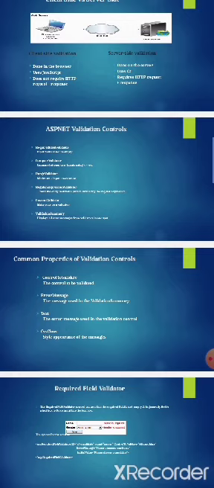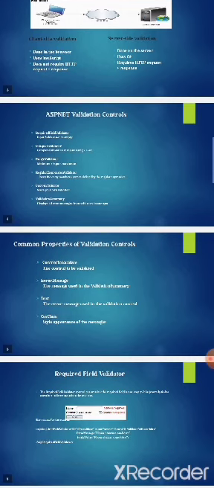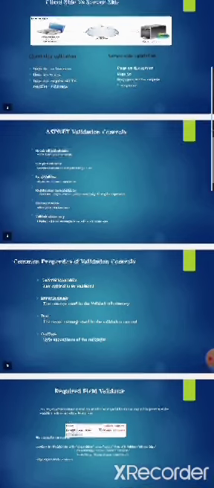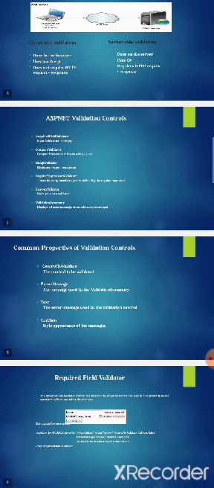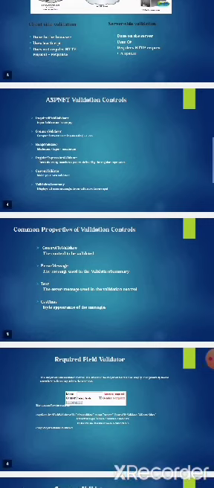For example, in a password field, first you enter the password, and in the second field the form will ask you to repeat the password. In that scenario, you need the compare validator, which compares whether you have entered the same password in both fields.